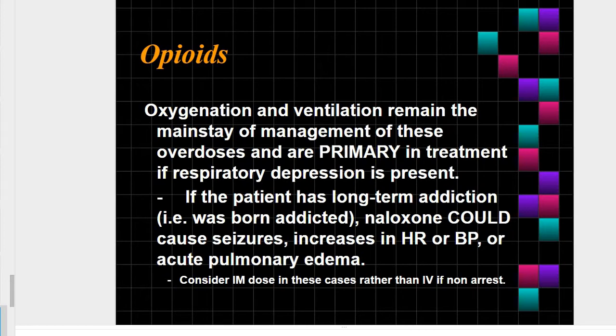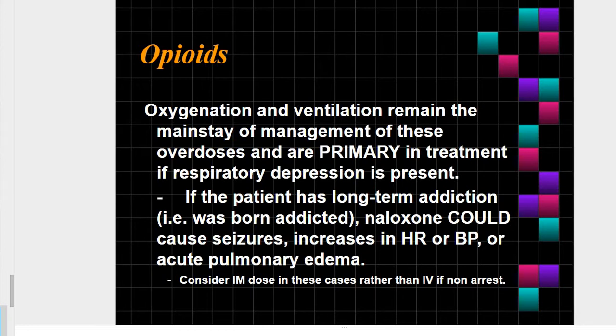Opioid overdose. Oxygenation and ventilation are the mainstay, and they're the primary treatment. Worry about the airway first if they have an opioid overdose. Then you can worry about giving them naloxone once you get the airway under control and the oxygenation, and move the carbon dioxide out.